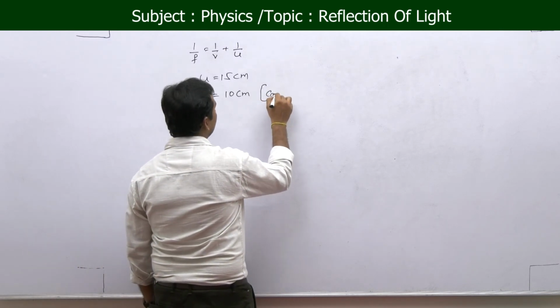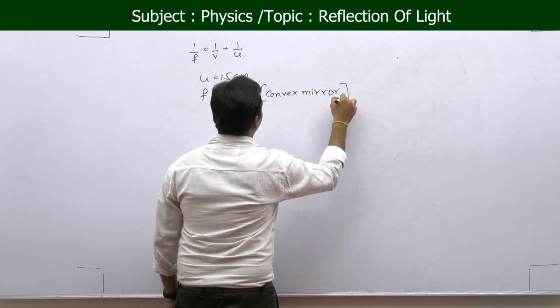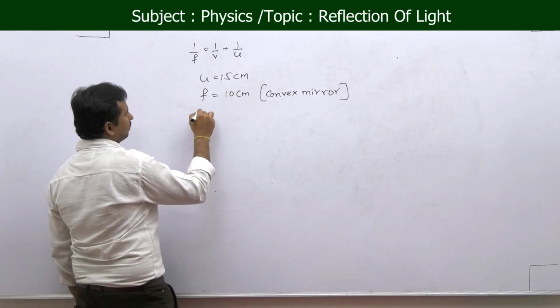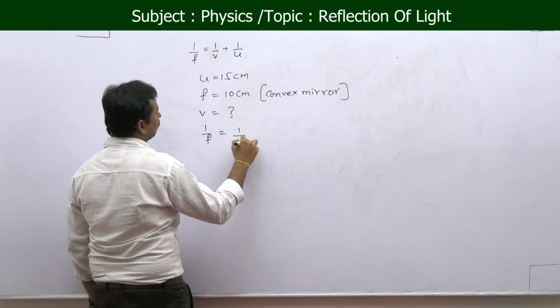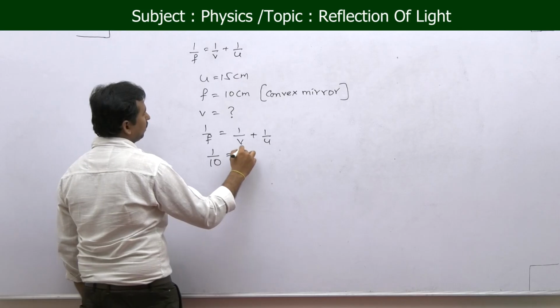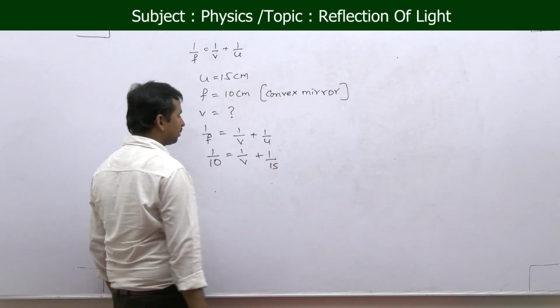Then u is 15 and the focal length is 10 centimeters, and we need the image distance. Again the formula is 1 by f is equal to 1 by v plus 1 by u, with focal length 10 centimeters, image distance unknown, and object distance given as 15 centimeters.